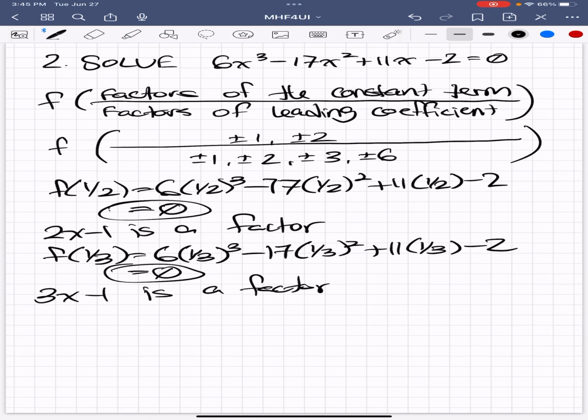So 3x minus 1 is a factor as well. You can decide which one you want to use.